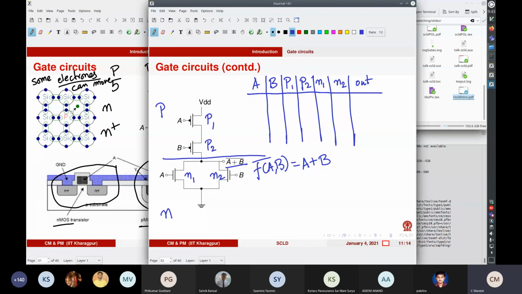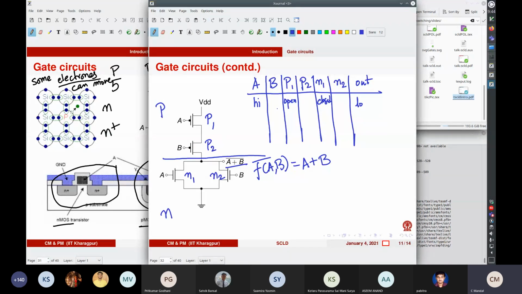Let us say A is high. If A is high, P1 is open, and N1 is closed. Output is low.